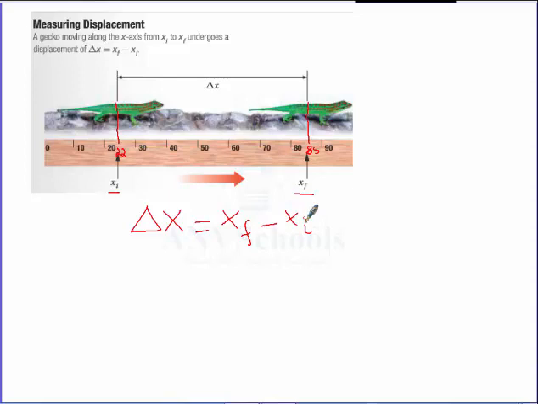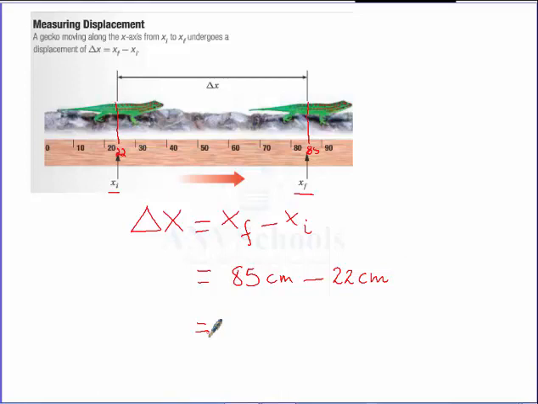As you can see from the figure, the final position of this gecko is 85 centimeters. Assume that the measurements are given in centimeters, minus the initial position, which is 22 centimeters. The difference of these two numbers is a simple calculation.